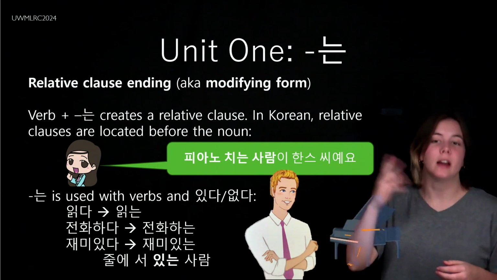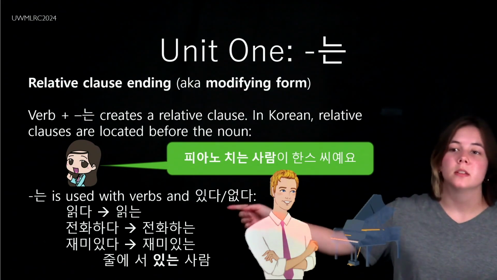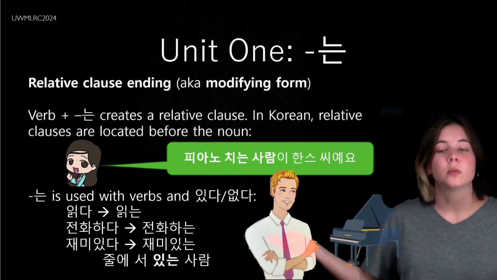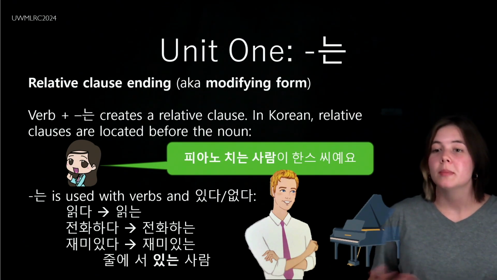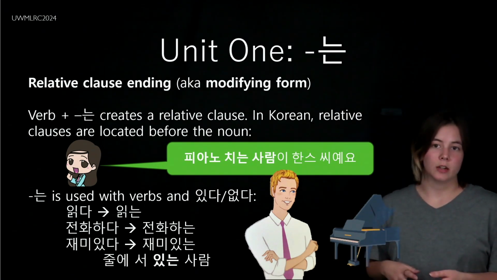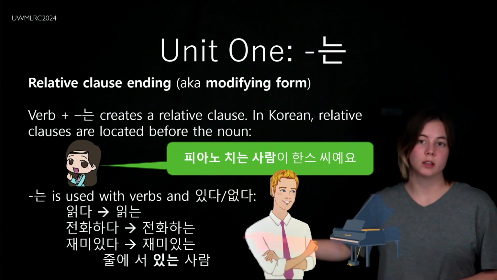In English, it comes after the noun. So 읽다 becomes 읽는, 전화하다, 전화하는, 재미있는, 재미없는. 줄에서 있는 사람, the person standing in line, comes before the noun 사람.